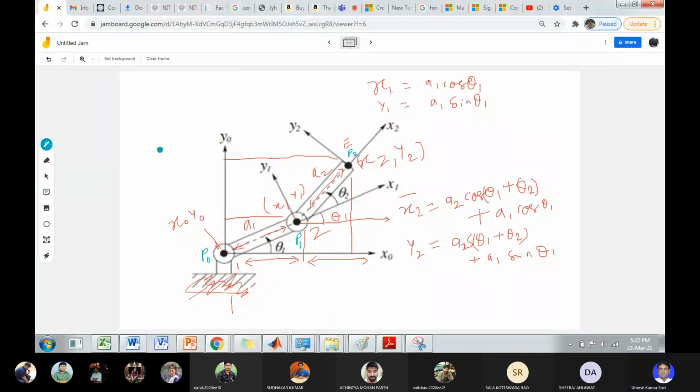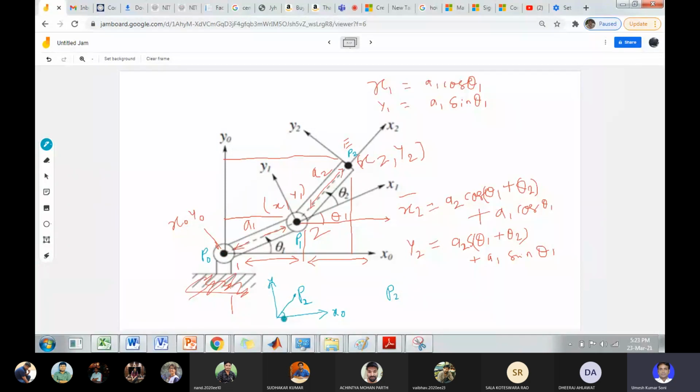So actually what you see is that point P2 is a coordinate in, suppose, x0, y0, then x2 is P2 and the direct angle from origin.